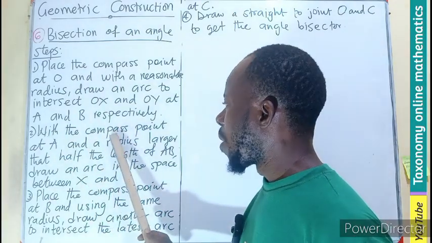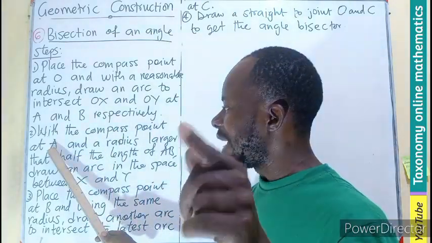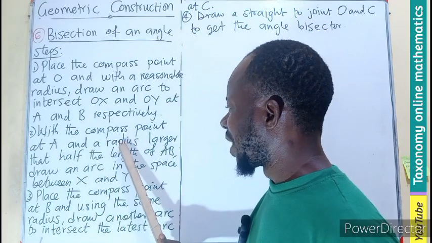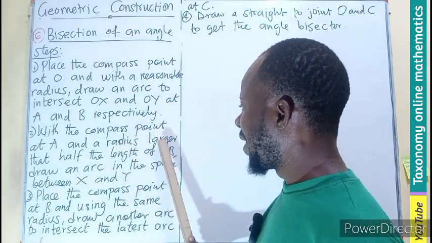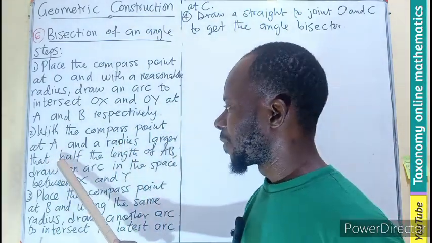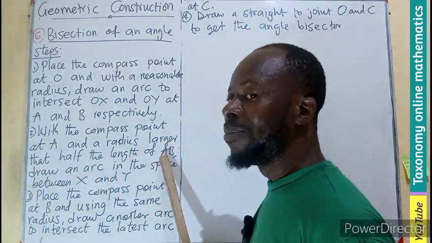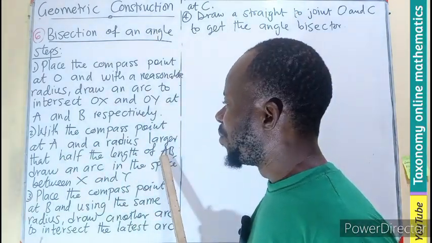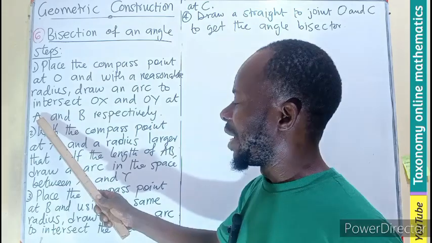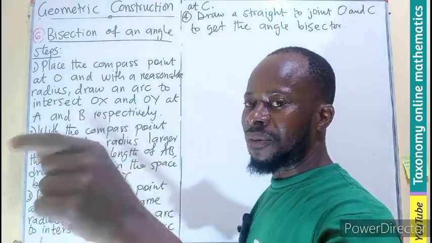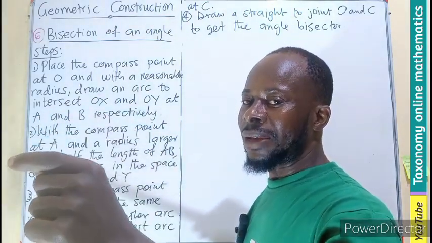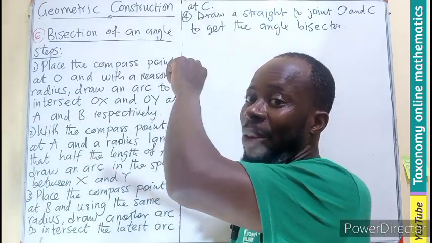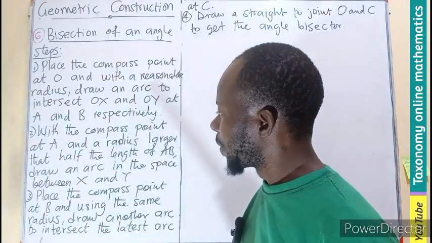So now with the compass point at the point A and any reasonable radius, in this case larger than half the length of AB. Where is the AB? The AB is the two points that we have indicated on the initial line and the terminal line.